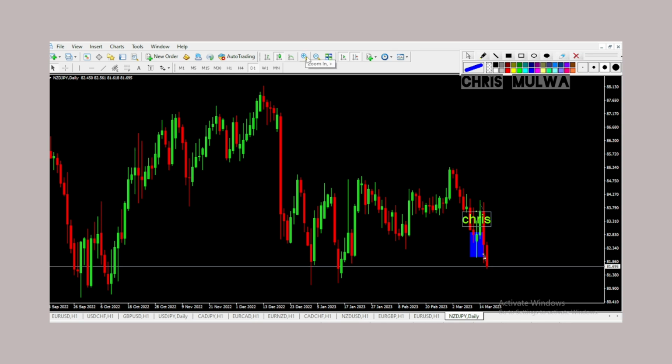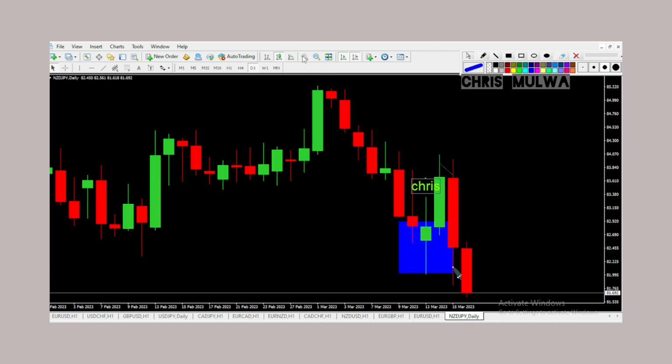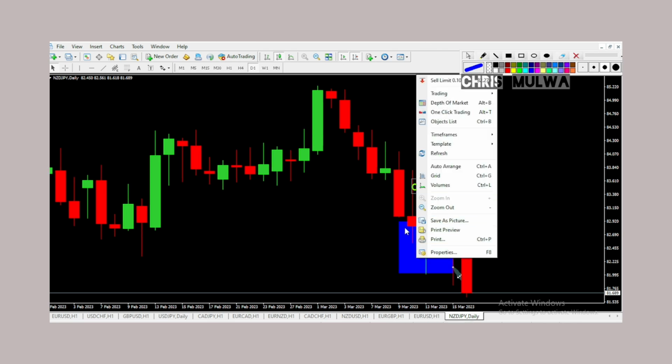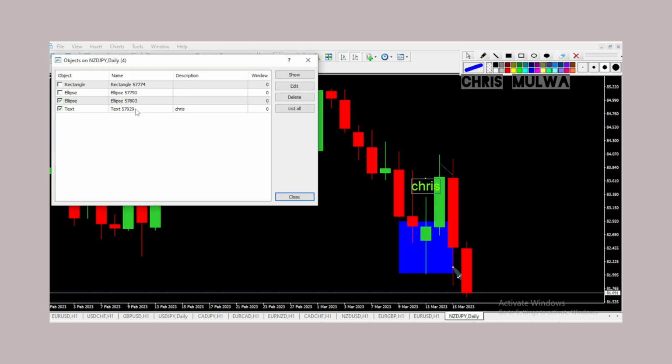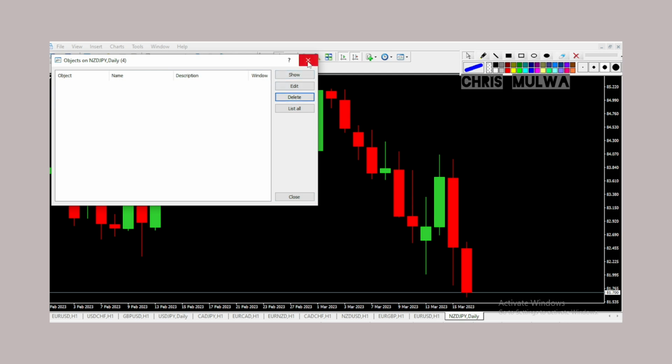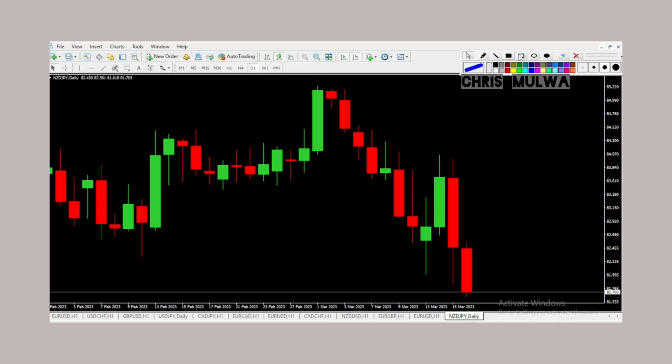So when we talk about live daily time frame, we mean that you see, let me delete this object list. What I mean when I say daily time frame, this candle was formed in a day, so this is 1 day.